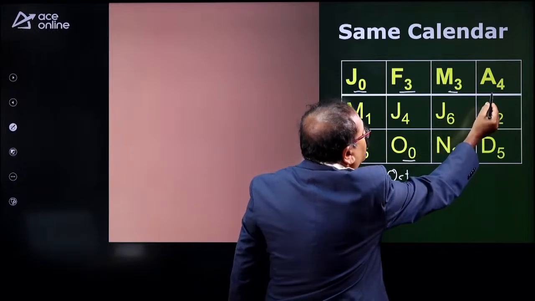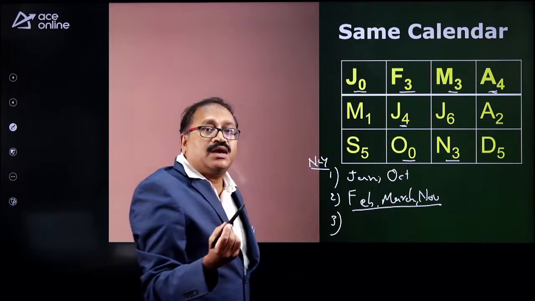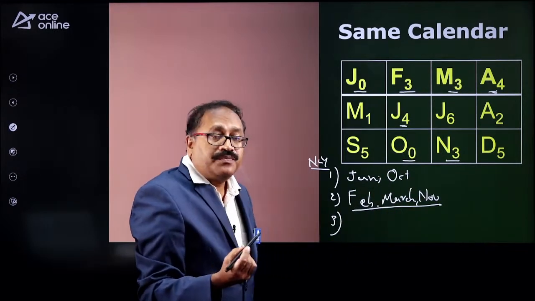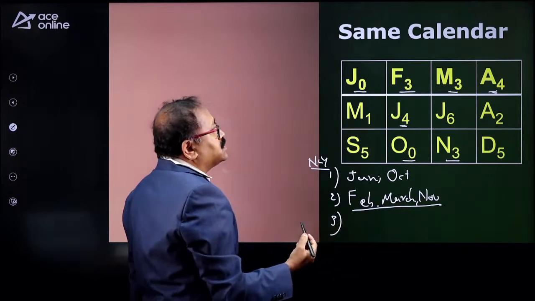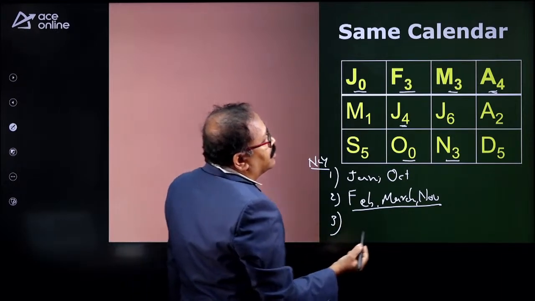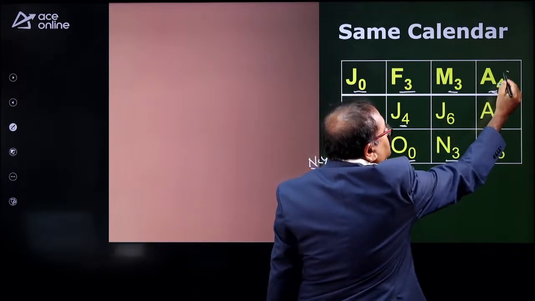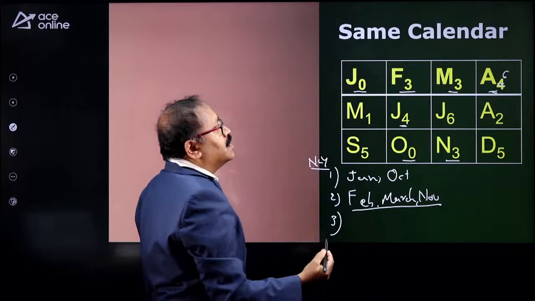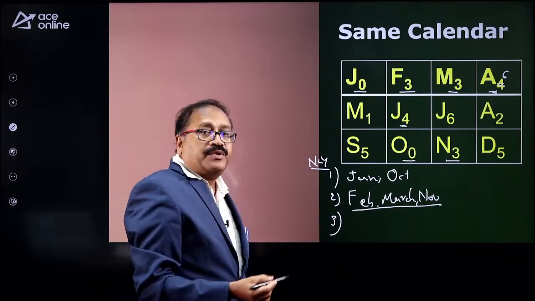That's a 4 and 4. So the April code is 4 and the June code is 4. That means these two calendars will remain the same. So it is not 4, it is a 6. There is a typing error here. So the April code is 6.